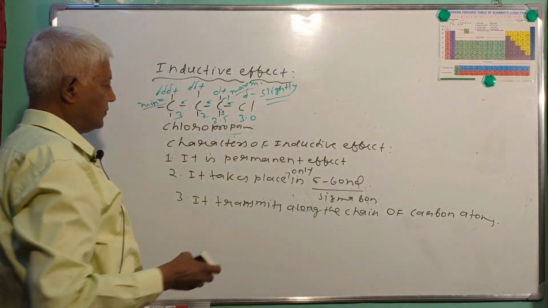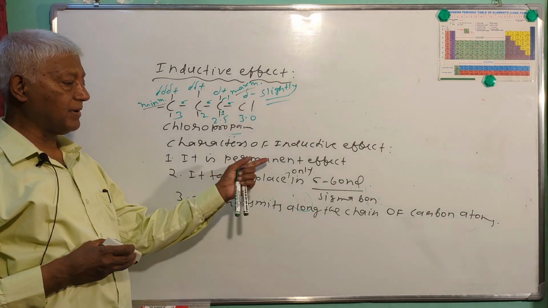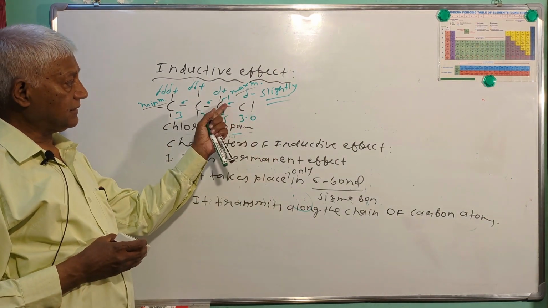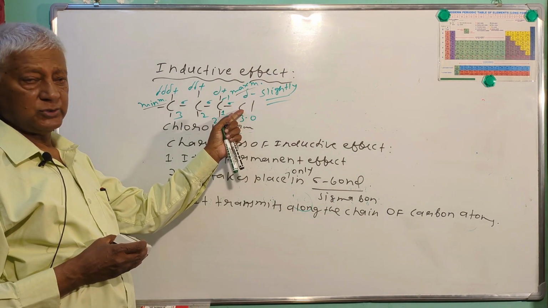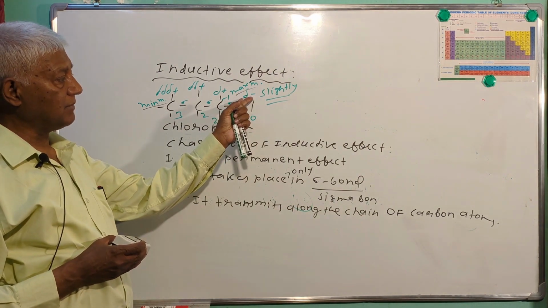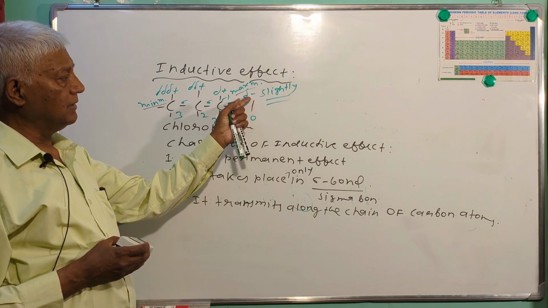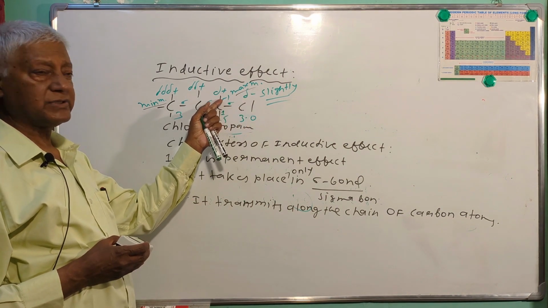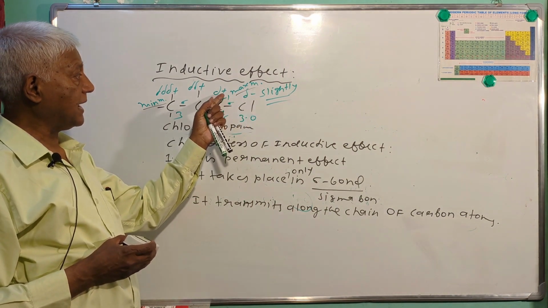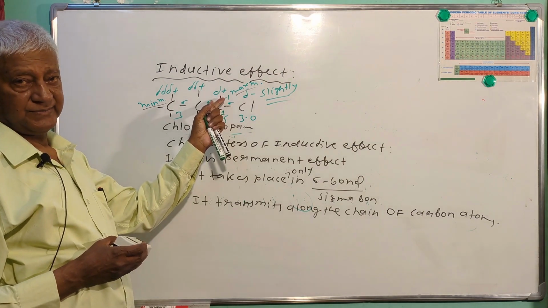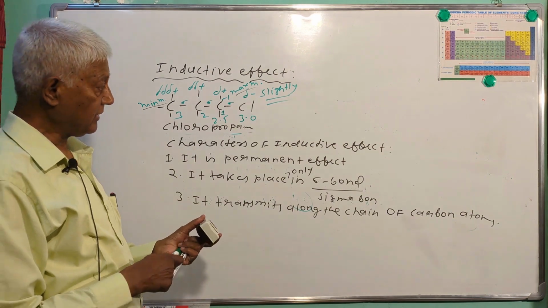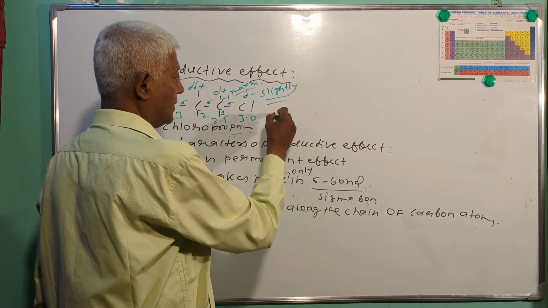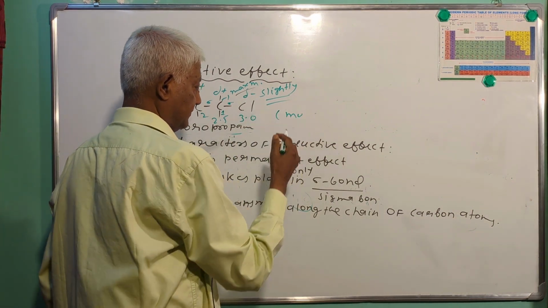So, when we talk about the characters, it is a permanent effect. It means it takes place up to the chlorine atom. There is no change in the delta negative charge. In this case, there is a slightly positive charge over here. So, this molecule becomes polar. Why does the molecule become polar?